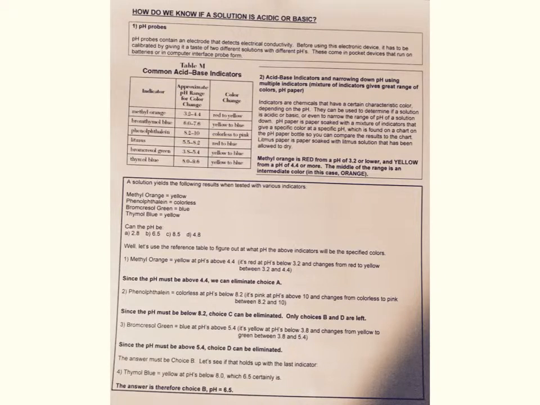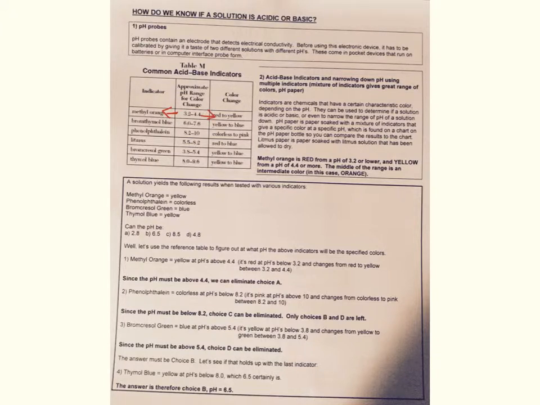So let me explain how the acid-base table works. So if I have methyl orange in a solution and it turns red, it means it's an acid. So 3.2 or less, it will be red and it means it's an acid. 4.4 or greater, it will be yellow.